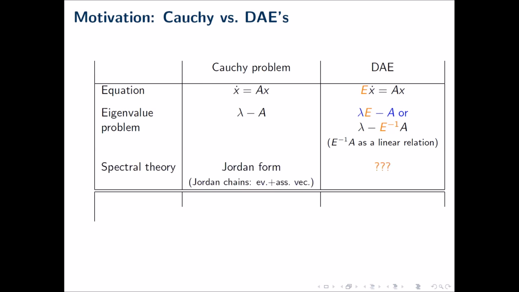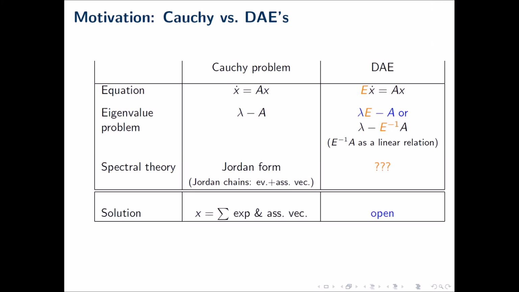And then we have, everybody knows, Jordan normal form, Jordan canonical form, which is given by Jordan chains, by eigenvectors and associated vectors. And when you have this, very sloppy, you get the solution of your differential equation.